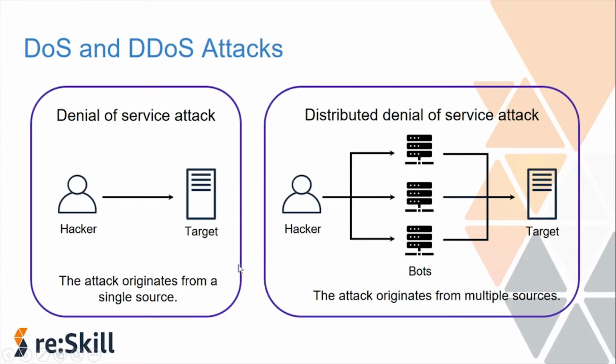They will always hear that the number is busy, you can't dial this number, and so on. That means the service is denied for the genuine customers. Similarly, let's say the target here is our web server, and there's a hacker. The hacker is going to send fake requests to this server so that the server gets overloaded and the genuine users' service is denied.